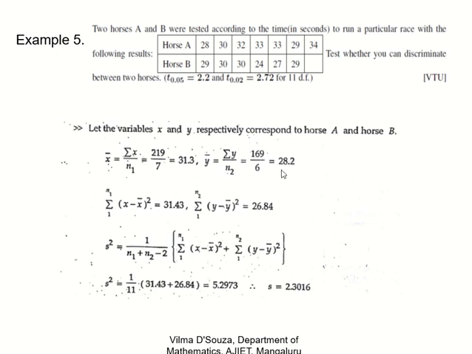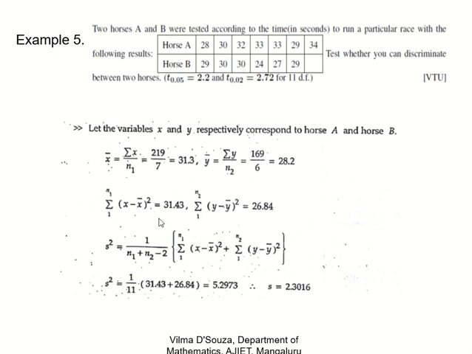So x bar and y bar you have calculated. You need s square. What is s square? s square is 1 by (n1 plus n2 minus 2) into [summation of (x minus x bar) whole square plus summation of (y minus y bar) whole square]. This I have calculated separately and written the value.